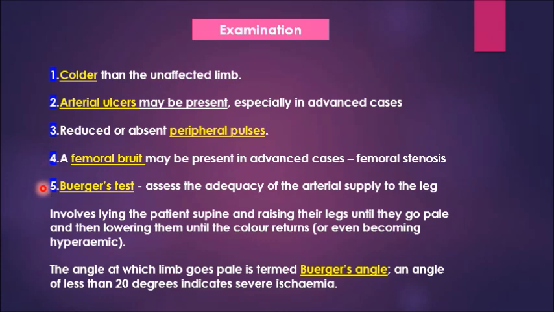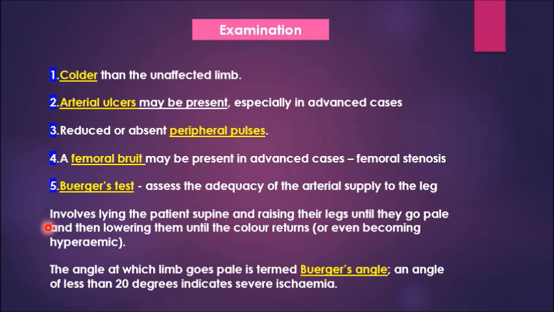The Buerger's test may become positive. This assesses the adequacy of the arterial supply to the leg. This test involves lying the patient supine and raising the leg until it goes pale, normally up to 45 degrees.